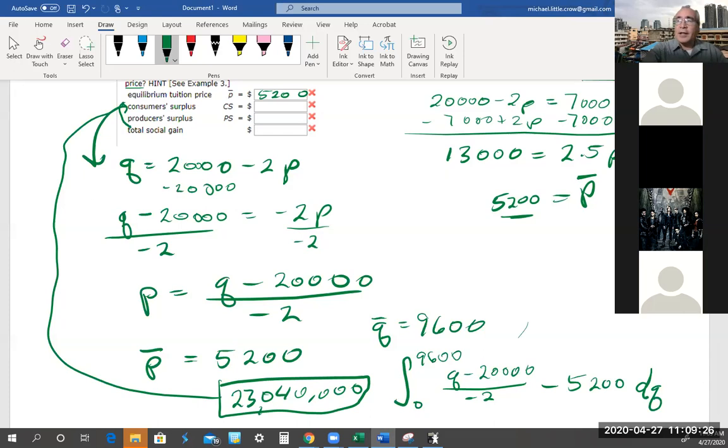And what that means is that at this particular price, students would actually have been willing to spend another $23 million, so that leaves $23 million out in the student population.